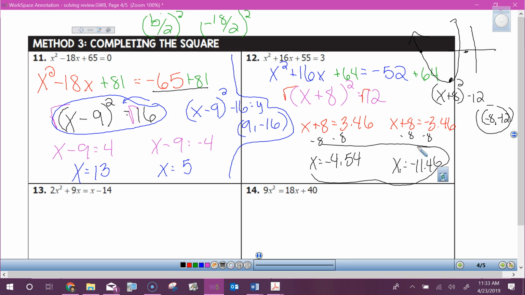There's gonna be a section where you have to graph, a section where it says solve by graphing, solve by finding square roots, solve by factoring, solve by completing the square, solve by quadratic formula. Then there'll be a little section where you can pick, but you don't get to pick which one you choose.